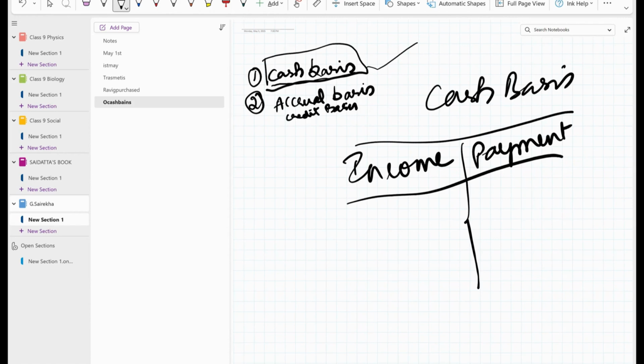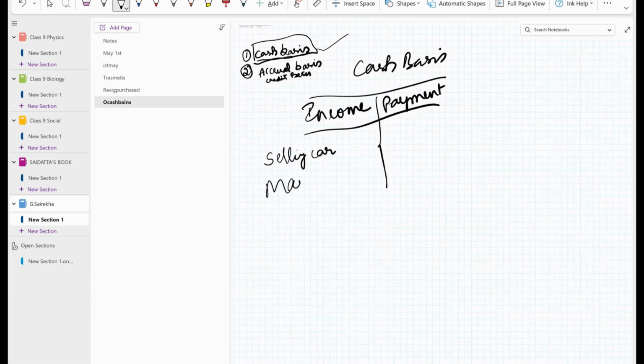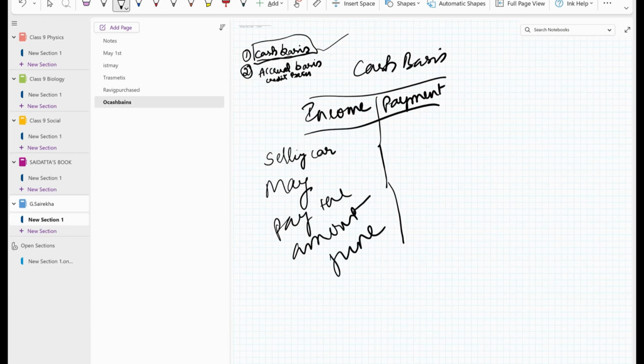Now, for example, imagine that you have a car business, and you are selling a car in the month of May, and the customer says, I'll pay the amount in the month of June.